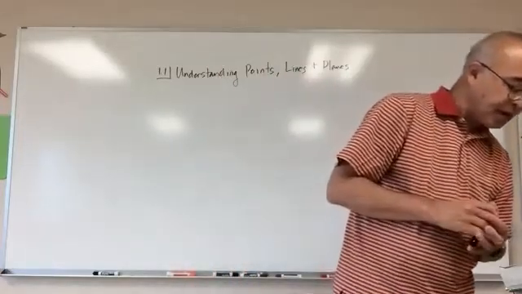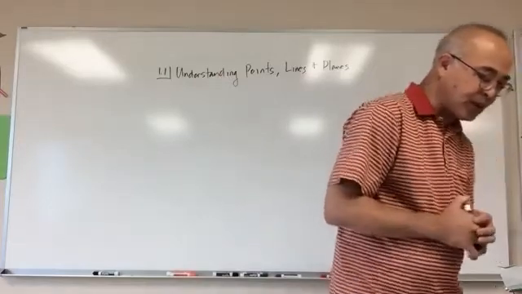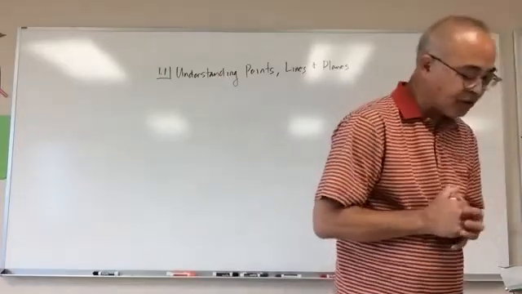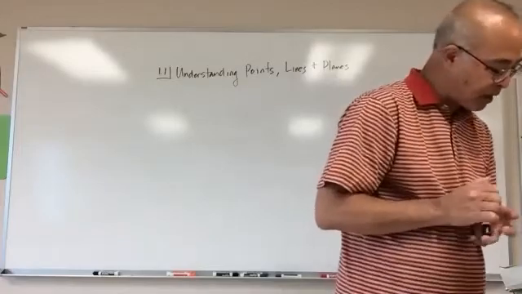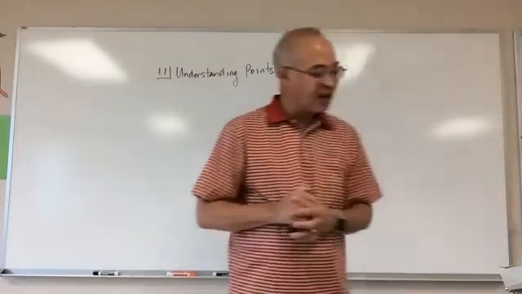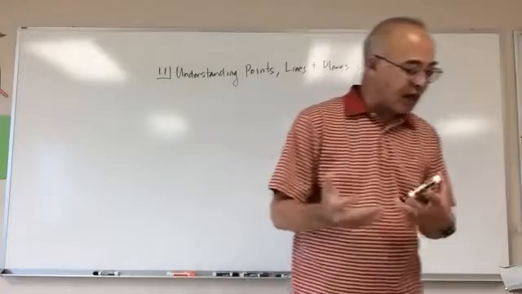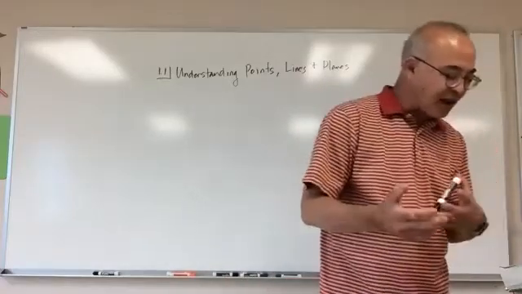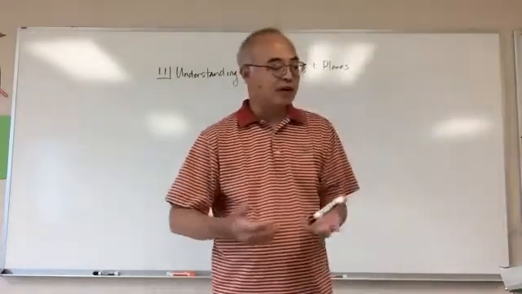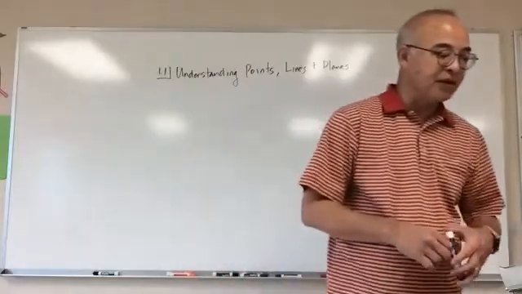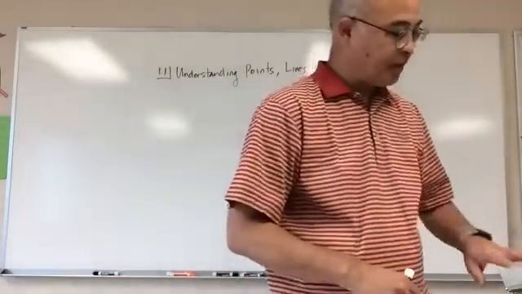B, name 3 lines. The 3 lines that they named were AB, BC, CA. They could have named LM, MN, whatever it may be, right? Those are just 3 examples of them.